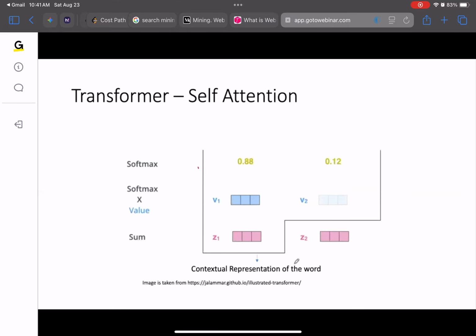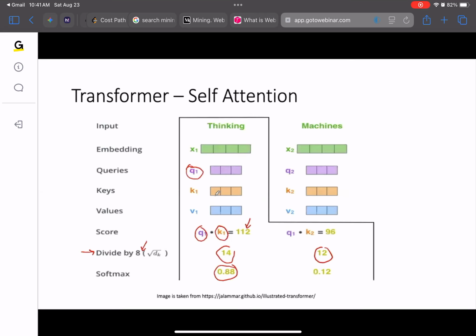Once we calculate the scores, our next step is to multiply the scores with the value vectors. We once again saw that every word is associated with query, key and value vectors.